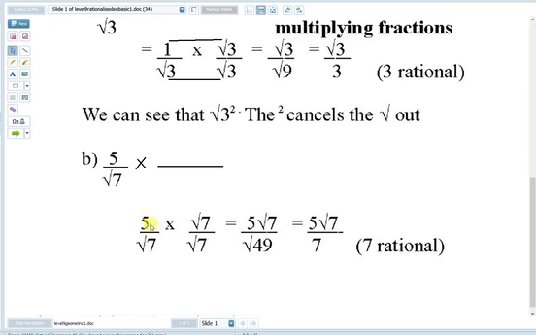So what we've got is 5 times root 7, which is 5 root 7, and then we've got root 7 times root 7, which is root 49. And root 49 cancelled would be 7, and the top can't be simplified. Okay, so basically, in order to rationalise a basic denominator, you times it by the denominator over the denominator.